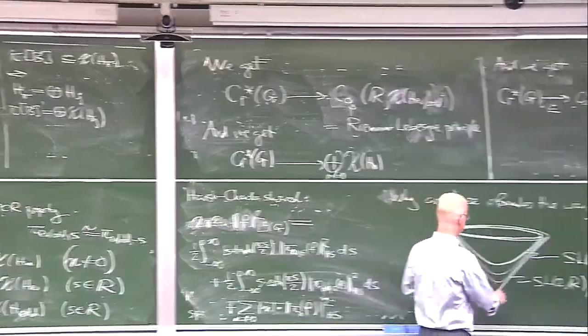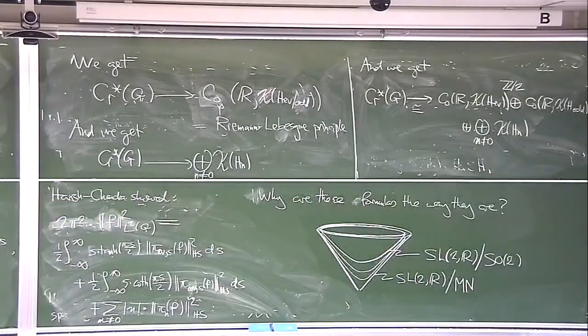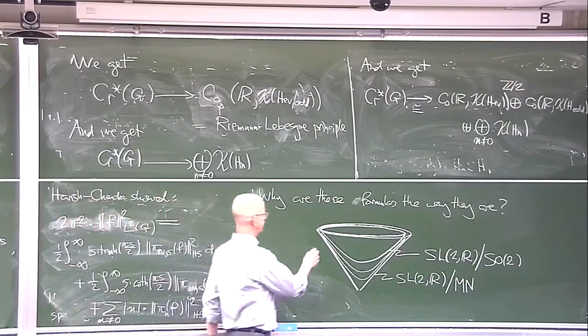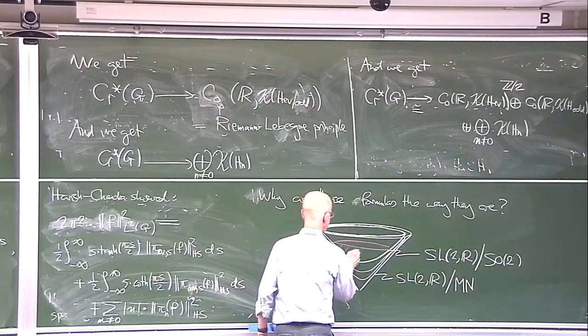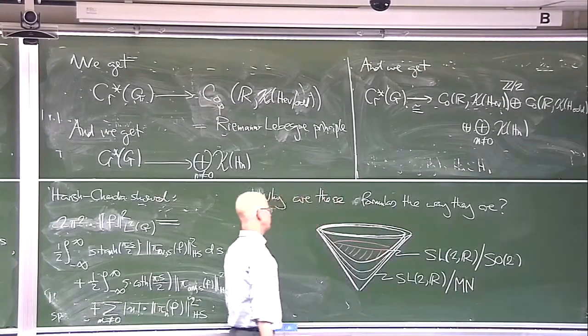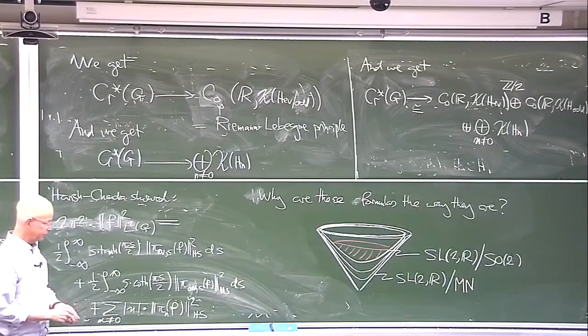And to go back to these pictures, I might as well use some glorious color here. If you look at the group G, there's a part of G which is not well approximated by this cone that I mentioned at the beginning.